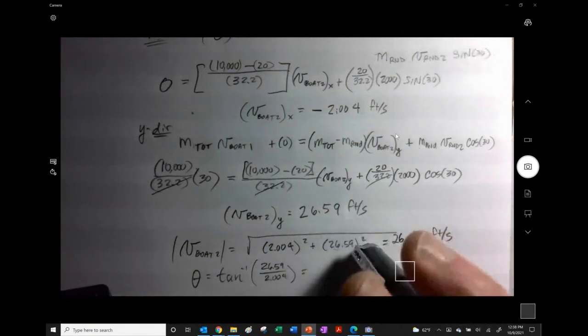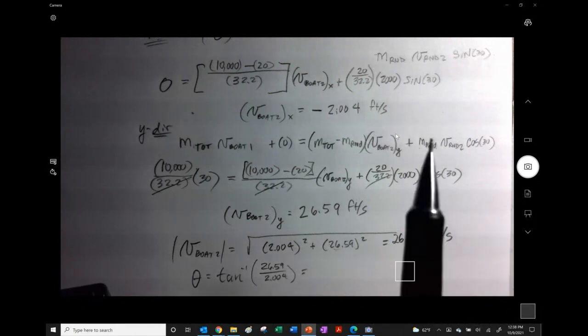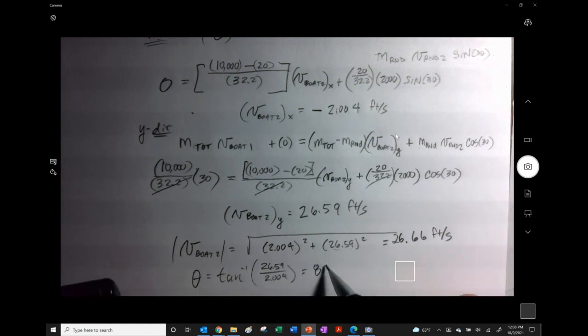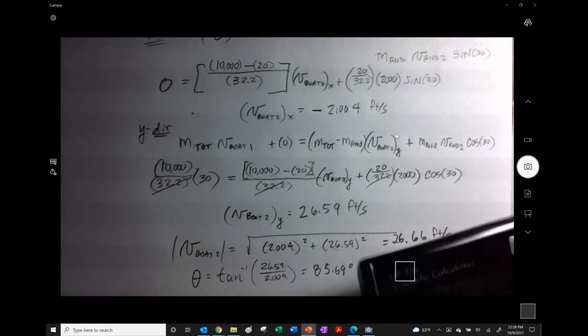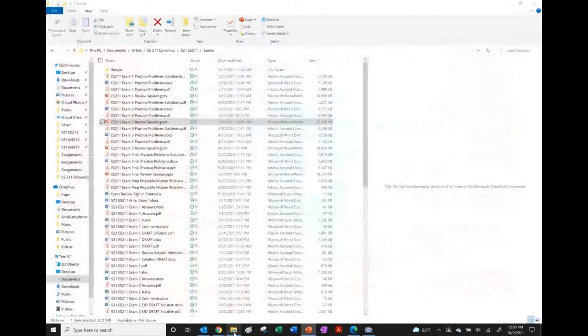I don't like that. Why is my angle different? Try it again. 26.59, 2.004 divide inverse tan. I get 85.69 degrees. We got ourselves a disagreement. Let's find out why.